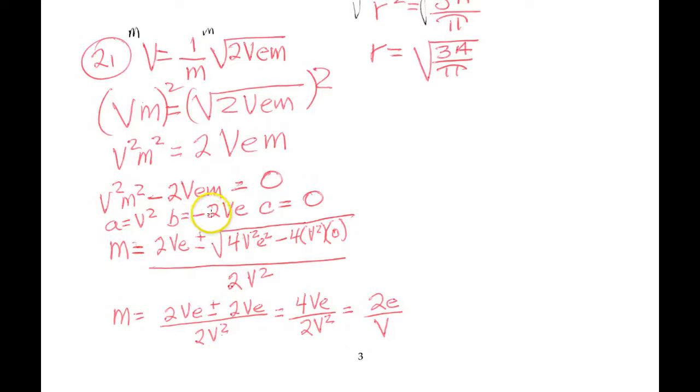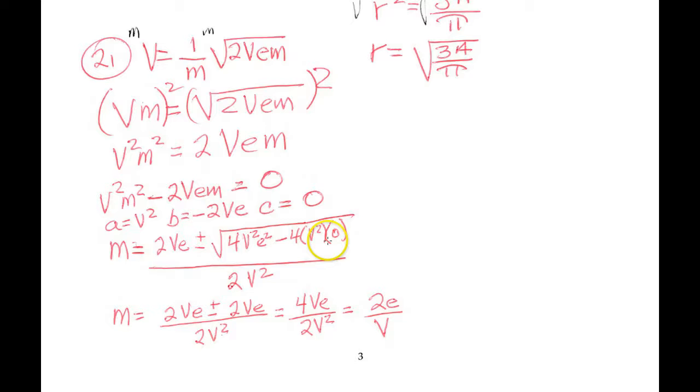A negative b would make this a positive 2ve, plus or minus the square root of. Now I'm going to square this up here, and it becomes a positive 4 v squared e squared. Then I'm going to multiply a negative 4 times my v squared, which is a, times my c term, which is 0.